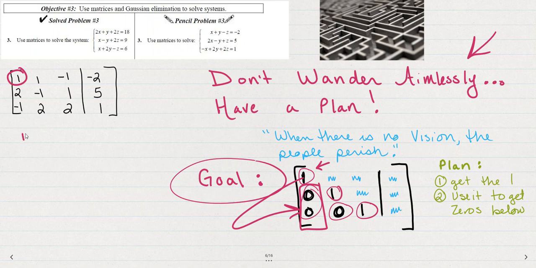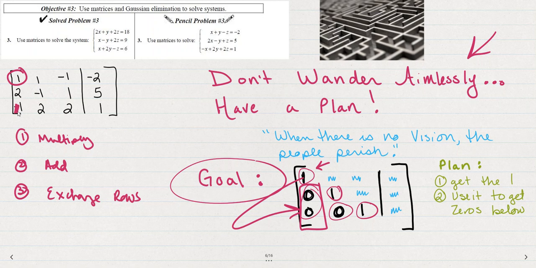We said that the row operations were that you could multiply by a scalar, so multiply by a number. And we said you could add rows. Here's a third thing you can do. You can just exchange rows. So if the 1 was down here and this was a negative 1, we could just exchange, swap places for row 1 and row 3.